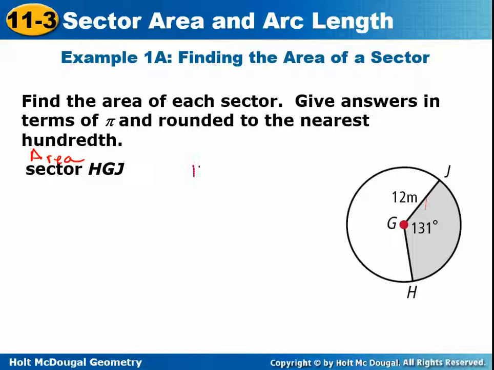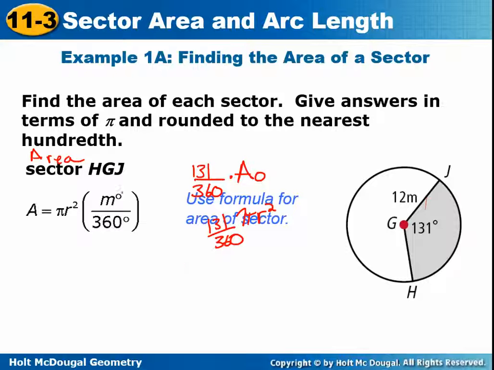And we know that that piece of pie is the size 131 over 360. If the whole pie is 360 degrees, we only have 131 out of that 360, and we need to multiply that by the area of the circle. The area of the circle is pi r squared, so whatever that gives us times 131 divided by 360.